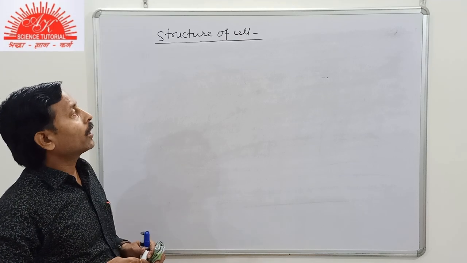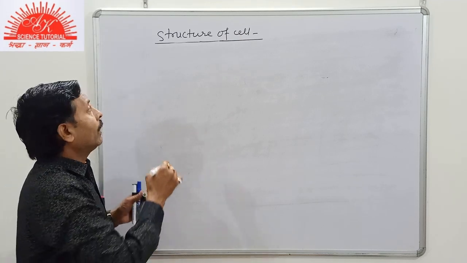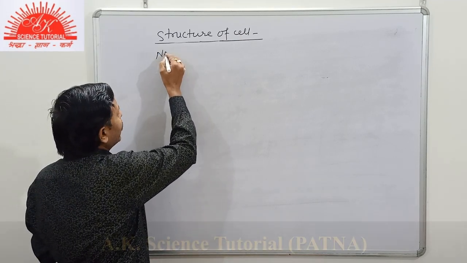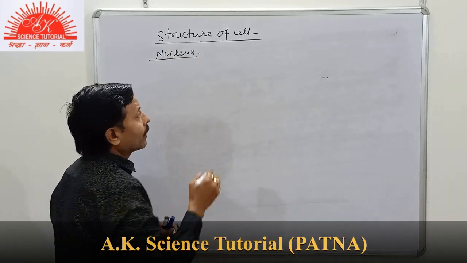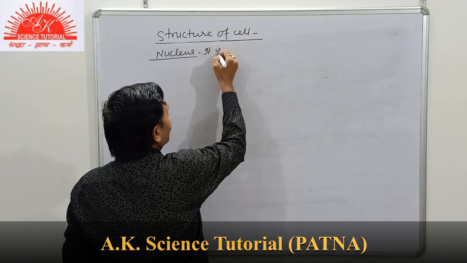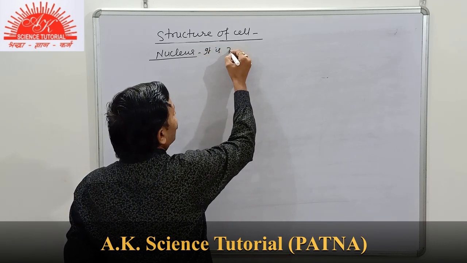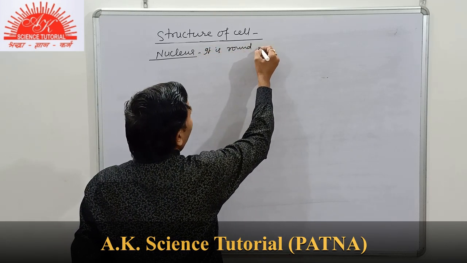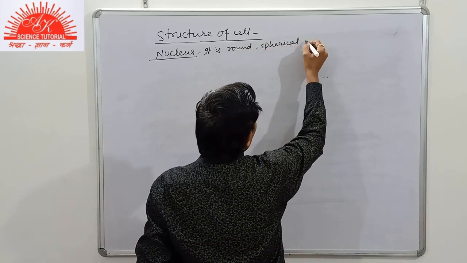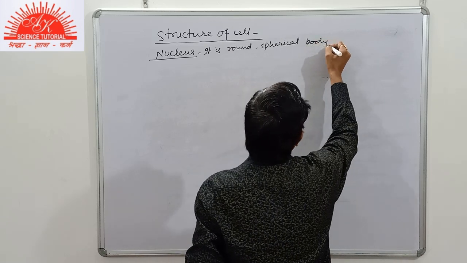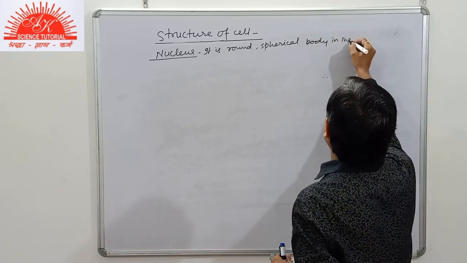The next structure after the cell organelle is the nucleus. Nucleus is a somewhat round, spherical body in the cell.